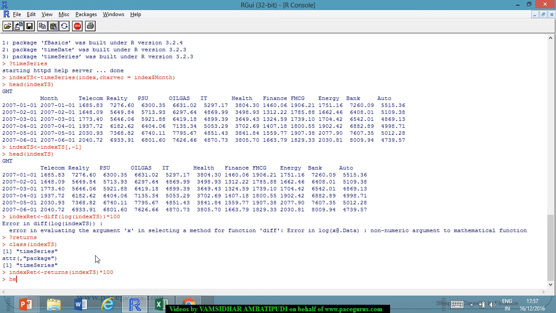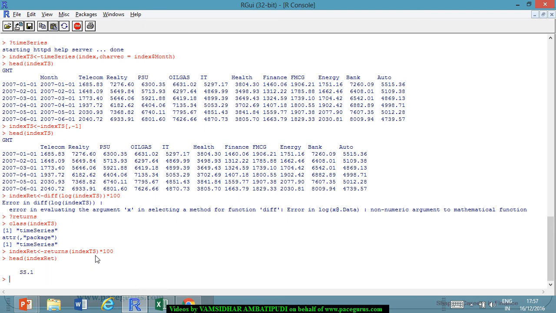So let me just quickly check head of index ret, which is computing the index returns. Or let me look at the index ret directly.